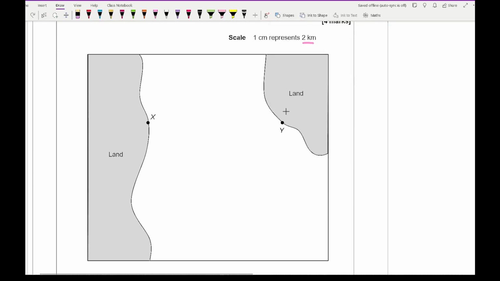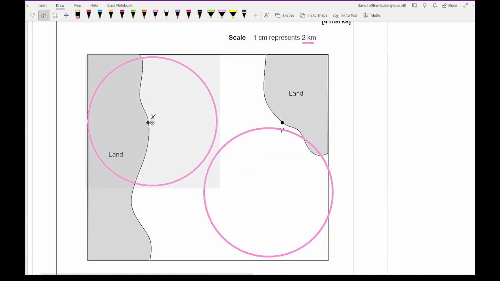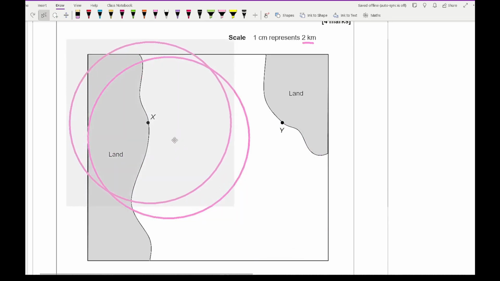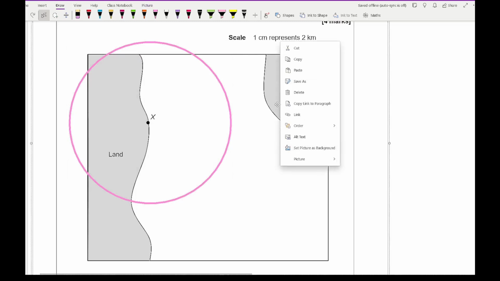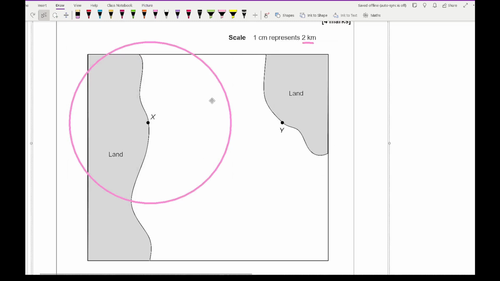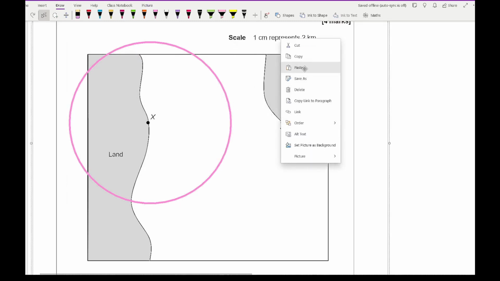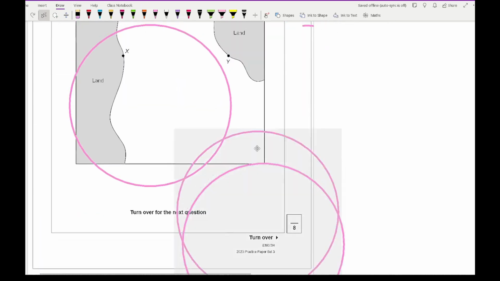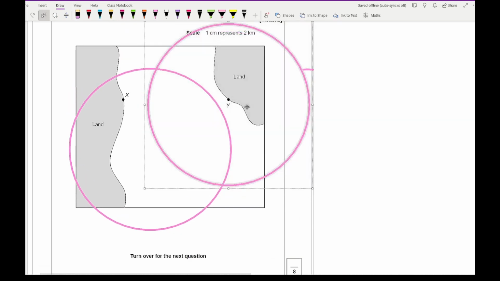With your compass, you need to draw 2 circles so that it is more than halfway of the distance. So if I make that a little bit bigger, I'm drawing a circle around X, then I do the same with the center of Y, making sure that you're not adjusting your compass. The size of these 2 circles needs to be the same.